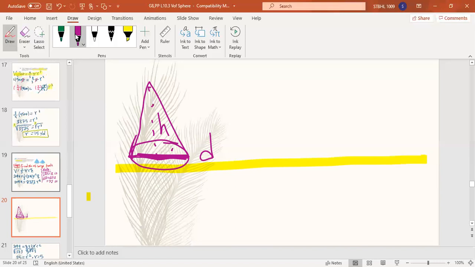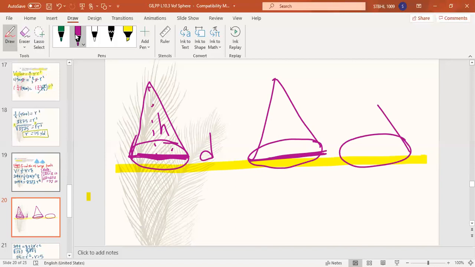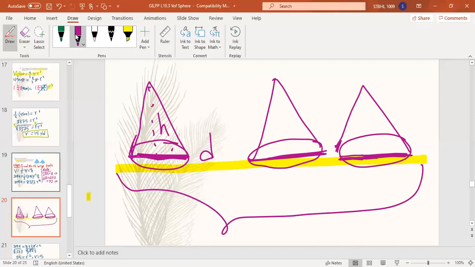So to figure out how many hats I can place on this shelf, I need to find the diameter. It means I need to find the diameter of one large hat and divide the length of this shelf by the diameter to get how many hats will fit the shelf.